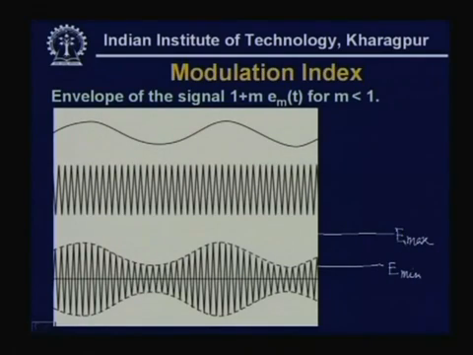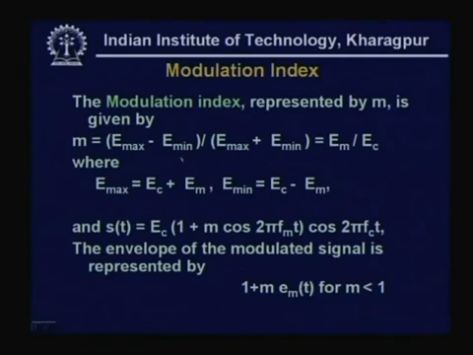If E_max and E_min are the maximum and minimum values, then modulation index M is equal to (E_max minus E_min) by (E_max plus E_min). Then as you can see here, E_max is equal to E_c plus E_m.